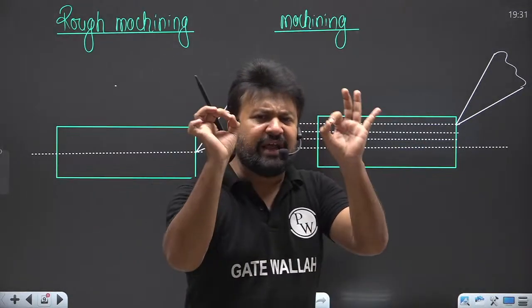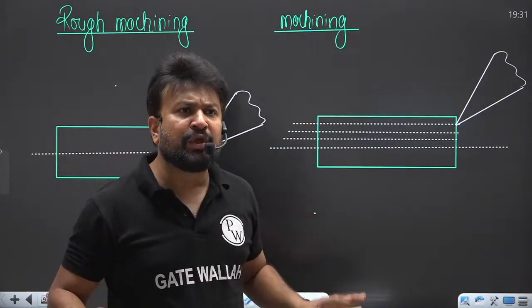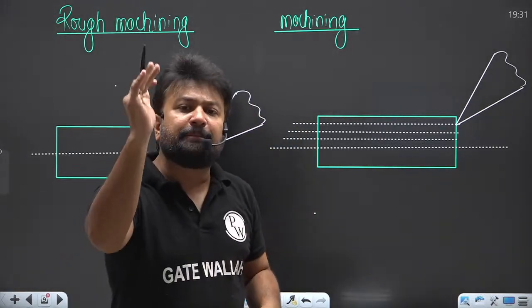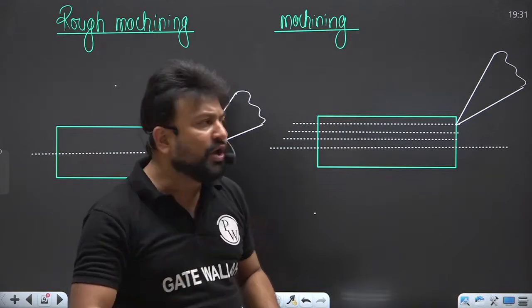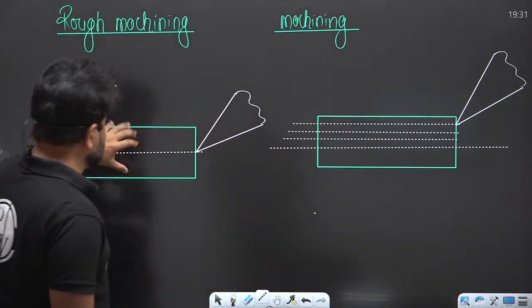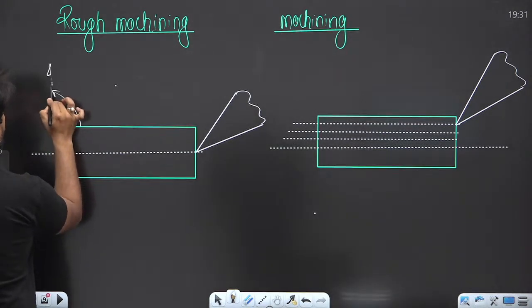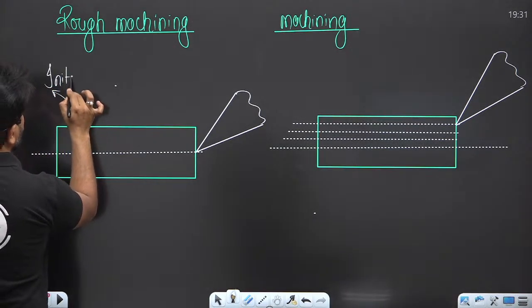So I am gradually removing the excess material from the pre-formed blank, from the initial workpiece. This is my initial workpiece.